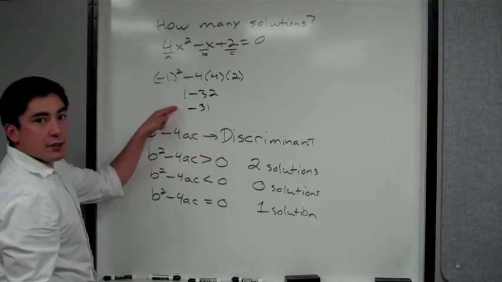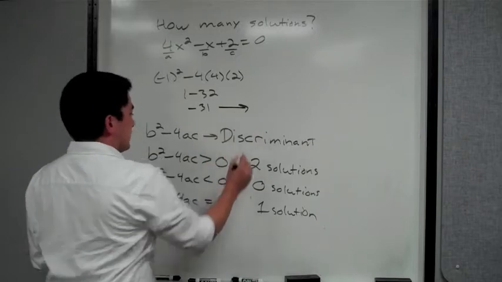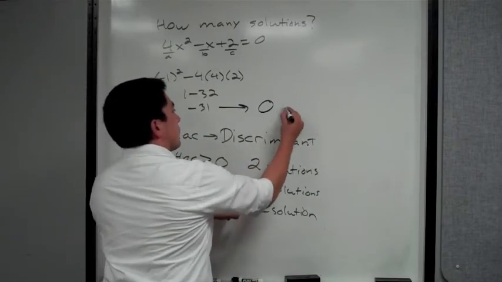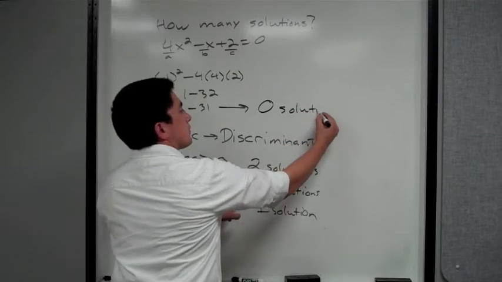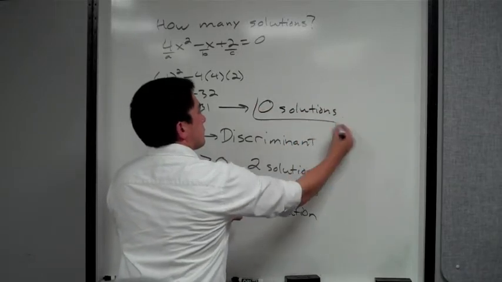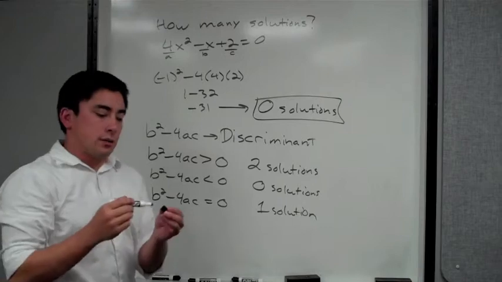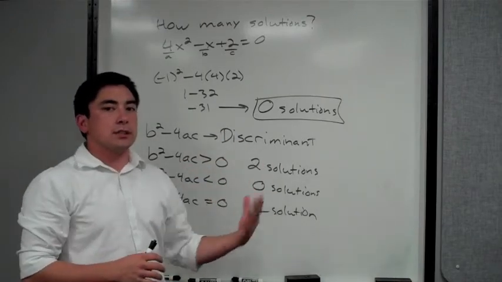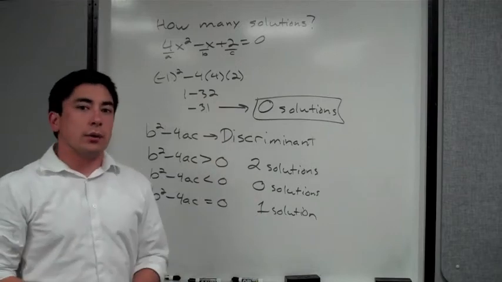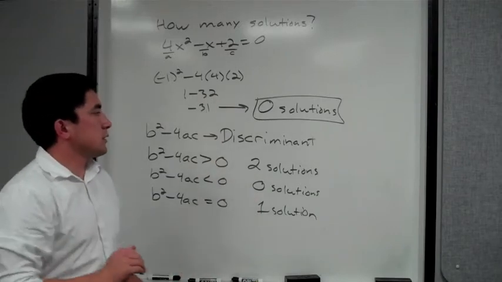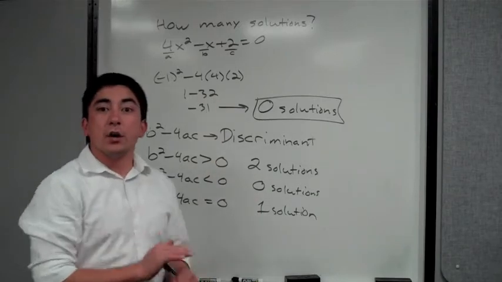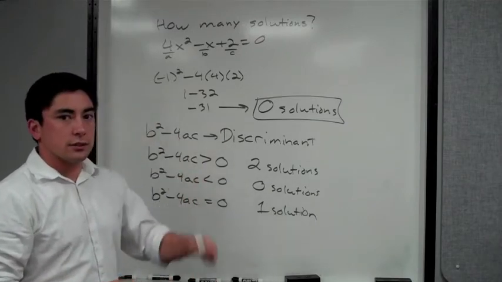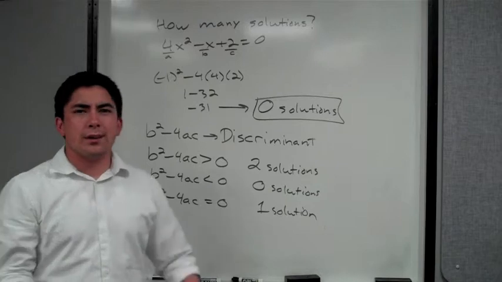Since it's a negative number, that tells us if our discriminant is less than 0, or if it's negative, there are 0 solutions. And that is how you use the discriminant to figure out how many solutions to the quadratic equation you have. Okay? So there will be no x values that actually work. Okay? 0 solutions.